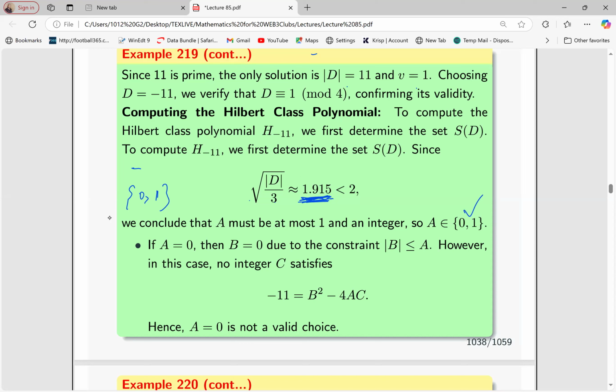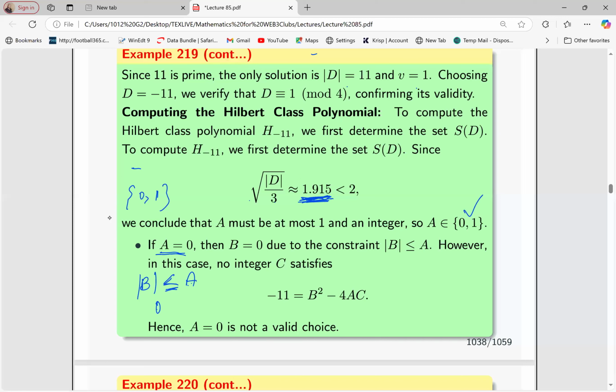In some cases it could be both, but we want to check whether it will be both, because then it must meet other conditions. Let's check whether A can be 0. We check the other condition, that the magnitude of B should be less than or equal to A. So if A is 0, then B would be 0, because it is only 0 that is less than or equal to 0.